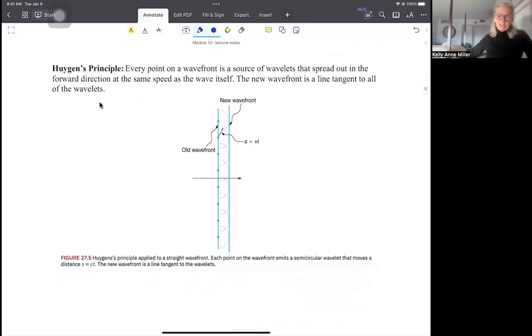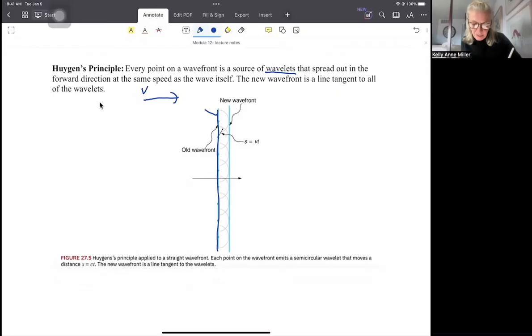Okay. So let's go on now to Huygens principle. Huygens principle basically says that every point along a wavefront is a source of what we call wavelets that spread out in the forward direction at the same speed as the wave itself. So let's say that you have some wave and it's traveling in this direction with a velocity v. We're representing that wave with this wavefront, which is just a straight line.